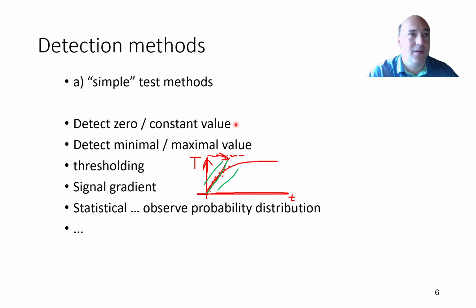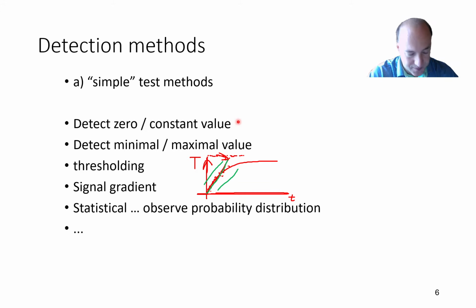So for example, let's say you are controlling a heater, and you turn the heater on and you observe or measure the temperature of the heater with some temperature sensor. And you know that you have turned it on, so it should heat up. So for example, you have started at, let's say, 20 centigrades, and it will increase the temperature, and you know that the steady temperature will be somewhere, let's say, 80 centigrades.